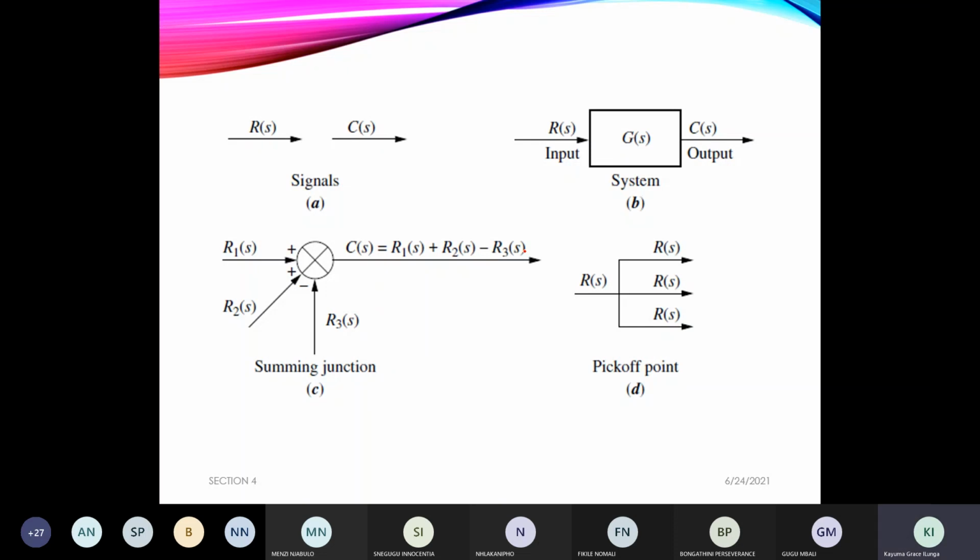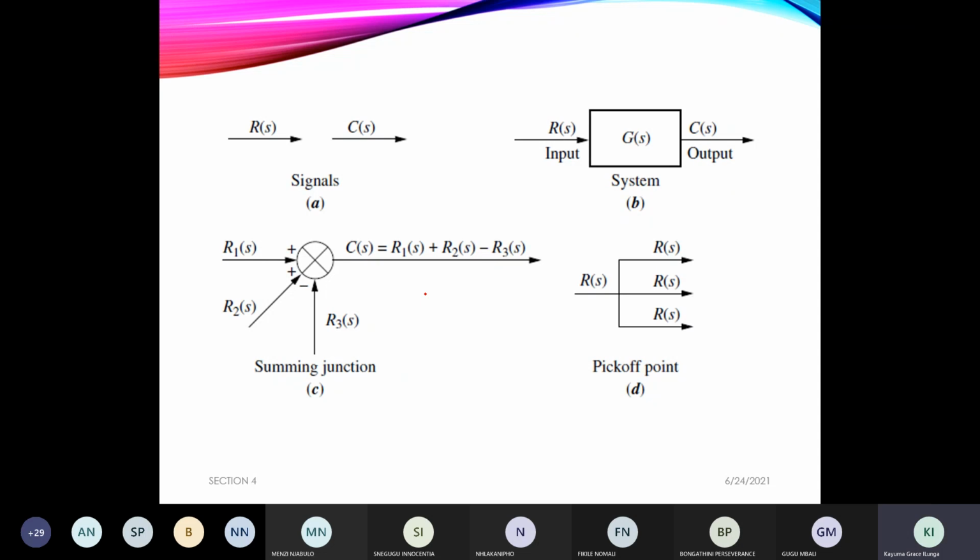Here we are representing all 4 components of a block diagram. The first one is what we call the signals. We have R of s, which is the input, and C of s, which is the output. That is the signal. We have the system by the transfer function G of s, and the signals are represented by arrows, which show the way it's going in or going out. And then we have the summing junction.